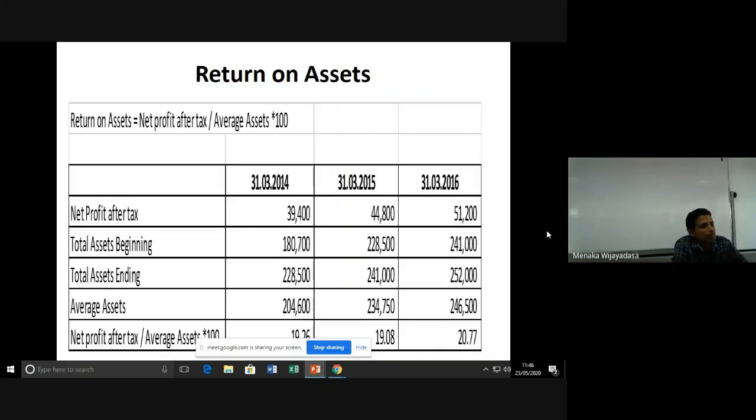Take top-ranked companies like JK, SLT, Dialog, the biggest companies in Sri Lanka; they may not have that much total assets. At most they may have 350 or 400 billion. But a small-size bank has 300, 400 billion worth of assets, and the top banks have more than 1 trillion asset base.